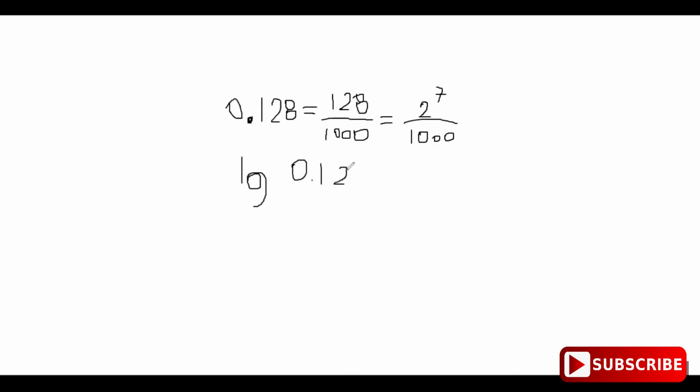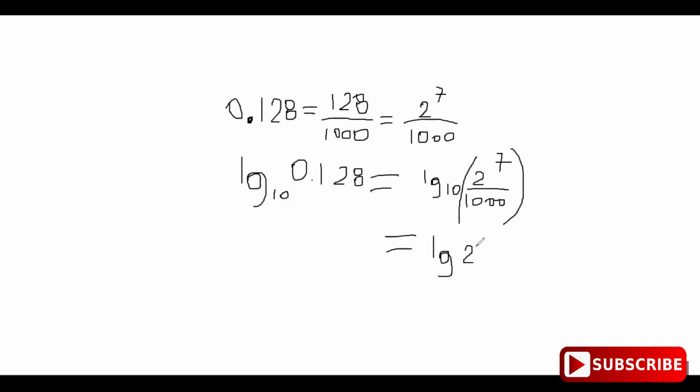And so now I can take this, and so the log to base 10 of 0.128 is just going to be equal to log to base 10 of 2 to the 7th over 1,000. Now this can be broken up as log of 2 to the 7th minus the log to base 10 of 1,000.